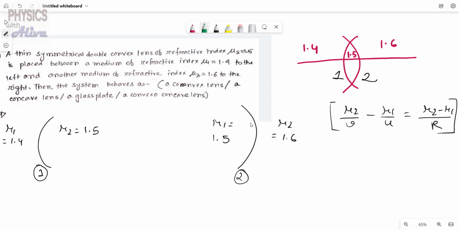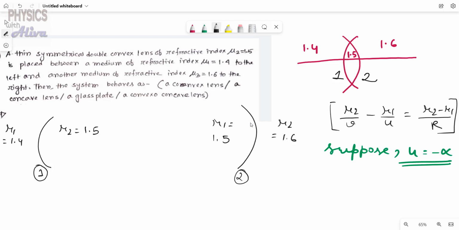Here no object distance is mentioned, so we will take the case where the object is placed at infinity. That means the incident rays are parallel. So u is equal to minus infinity.